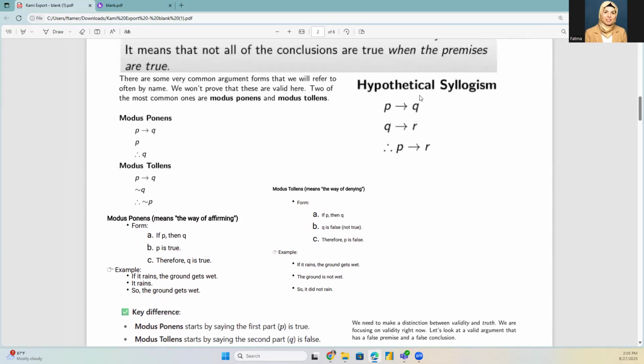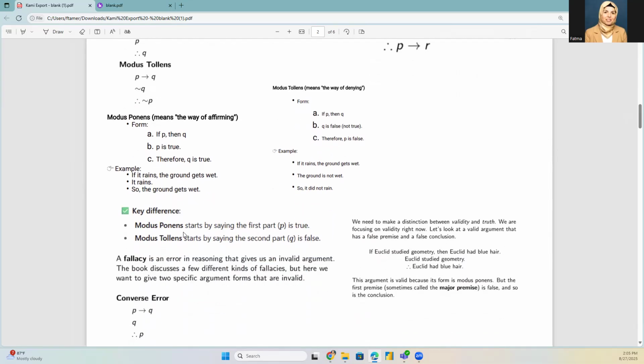Also, there's something else I want to mention. It's called hypothetical syllogism, which is also a very famous argument. If P then Q, if Q then R, therefore if P then R. This is called hypothetical syllogism.